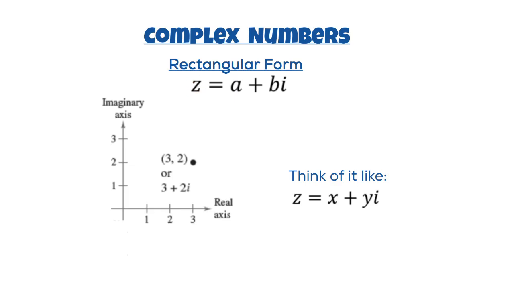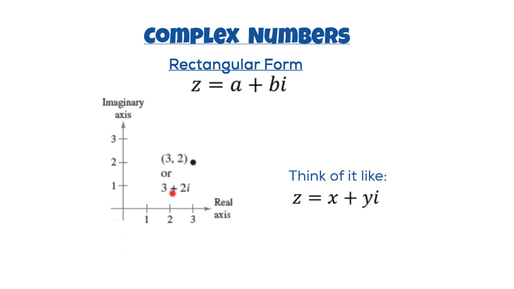Now, if we think about graphing complex numbers, which is a whole other type of higher level math, instead of having an x and a y axis, you call this your real axis, and this is your imaginary axis.